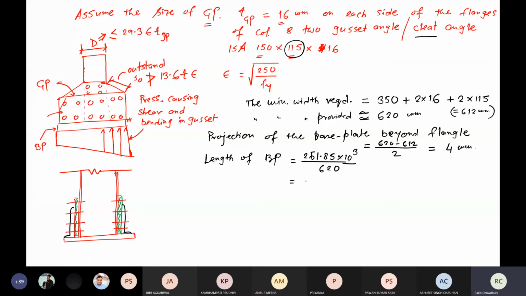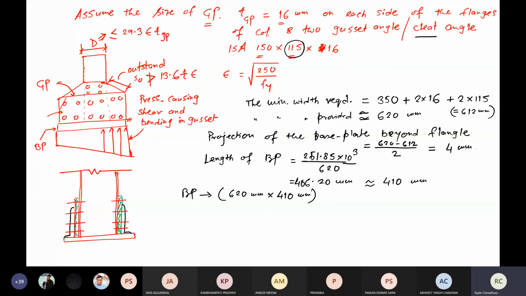So this becomes 406 point something, which I am providing as 410. So finally the base plate plan dimension becomes 620 mm by 410 mm. Now the only thing left is the base plate thickness.